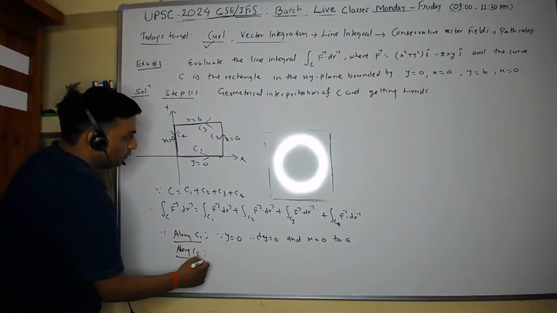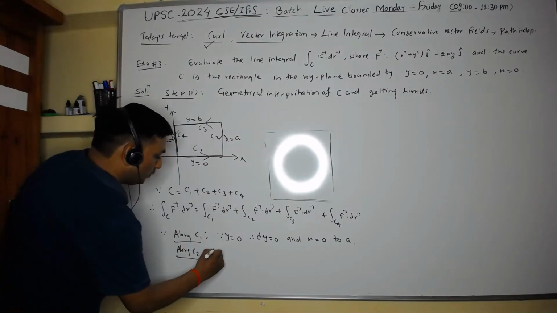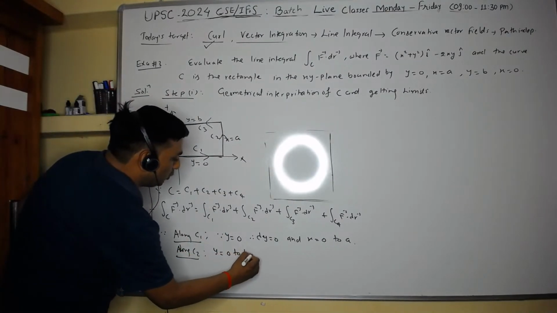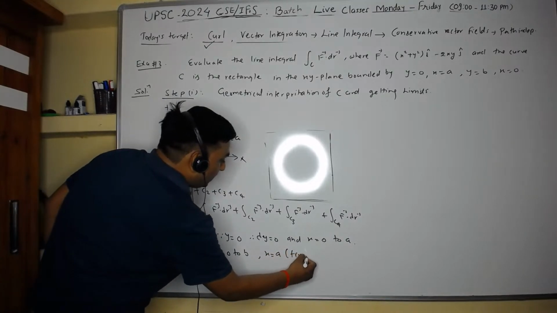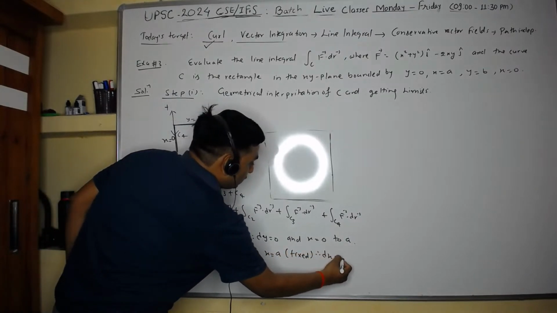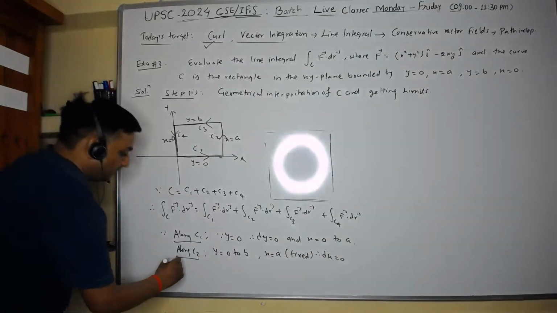Along the curve C2, y is moving from 0 to b, x equals a is fixed, so no change in x.